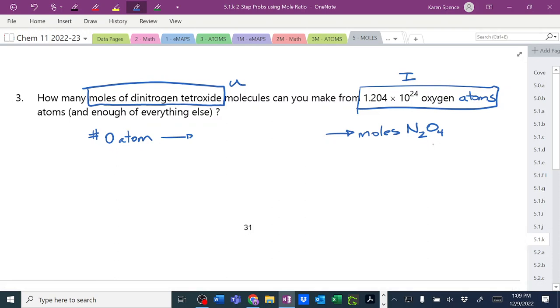There's actually two routes. The one we're going to do here is we are going to take O atoms and convert it into moles of O atoms. And then we're going to convert that into moles of the other substance using our mole ratio.